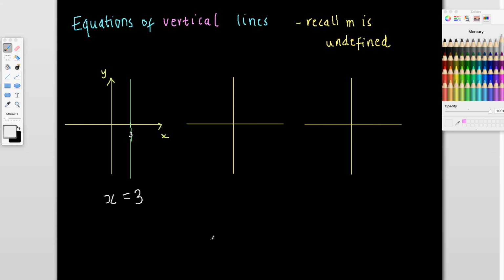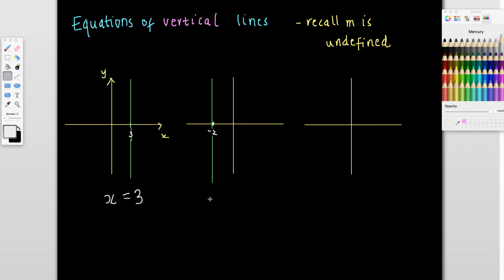So you see, it's just the opposite of our horizontal lines. They've always got the rule y equals. Vertical lines always have the rule x equals. So just do a couple more. -2, for example, we'll have a vertical line through there. I'll just try and lift it off so I don't break it.